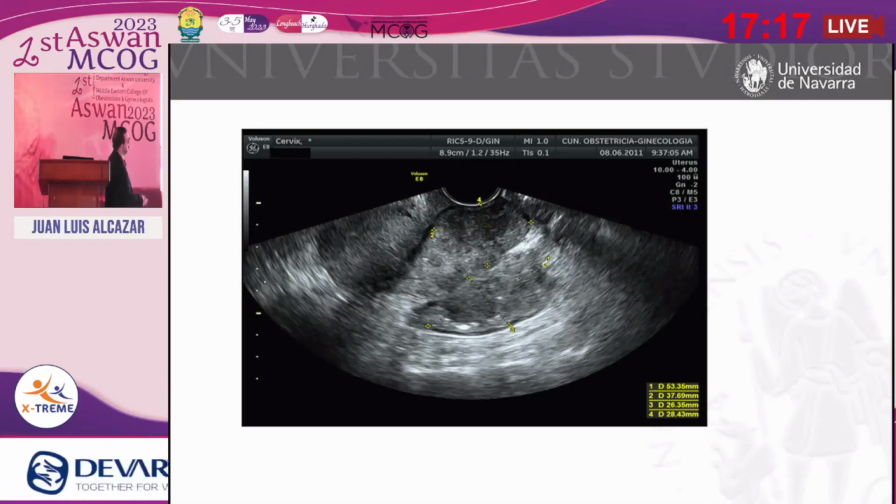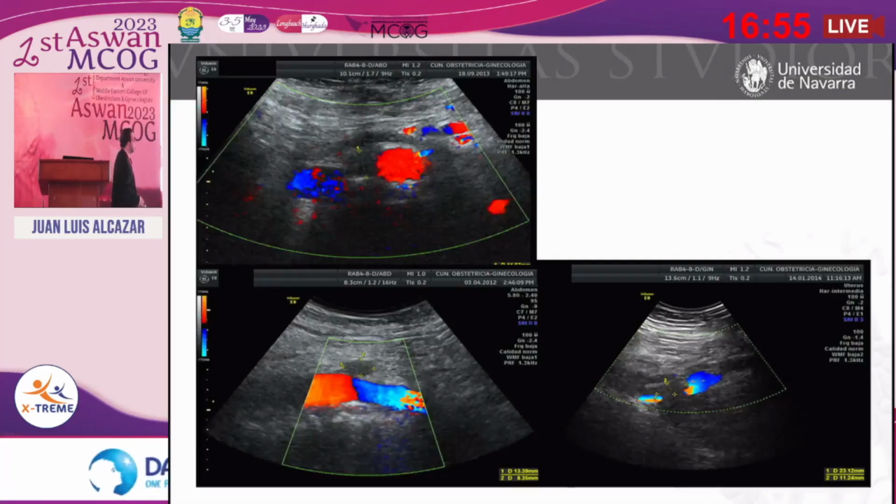This is the rectosacral space, and you see the tumor here. And if you look for the muscularis propria in the anterior wall, you won't see it, because the tumor is infiltrating the rectum. Obviously, you can detect that by rectal examination too, but by ultrasound you can do that also.